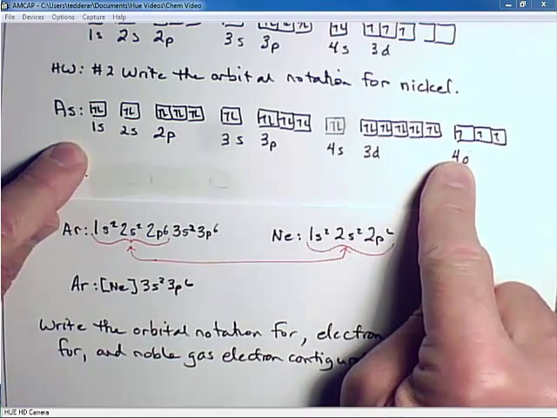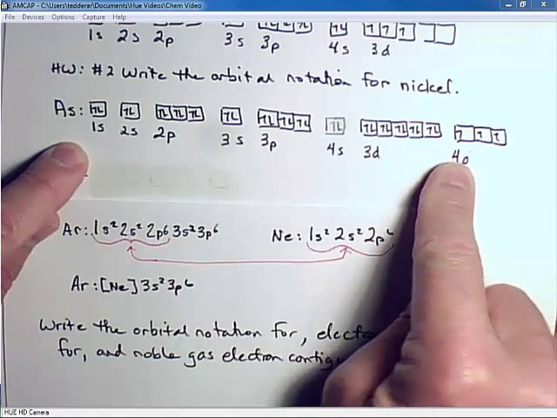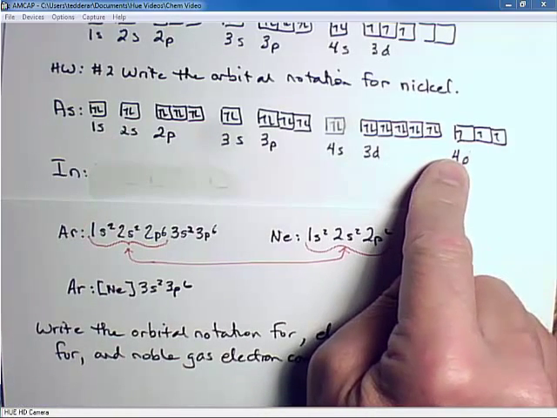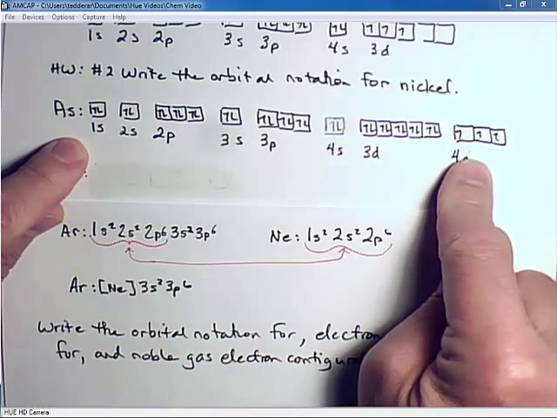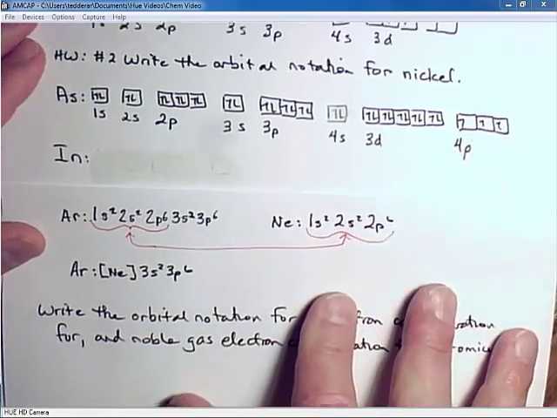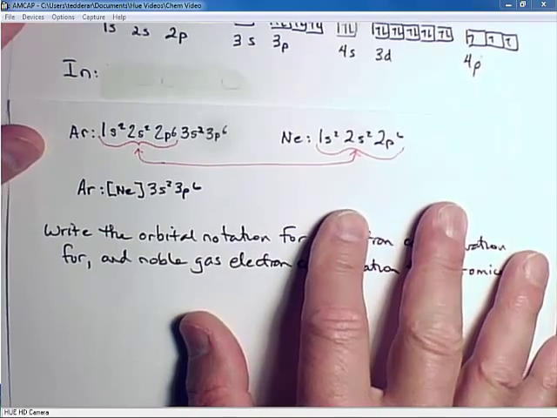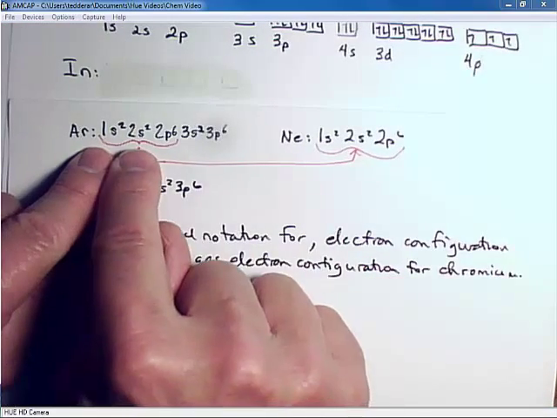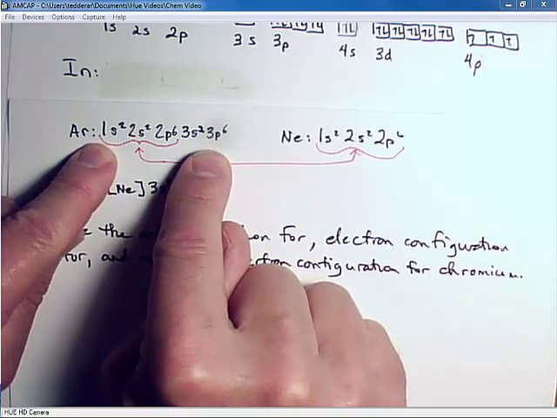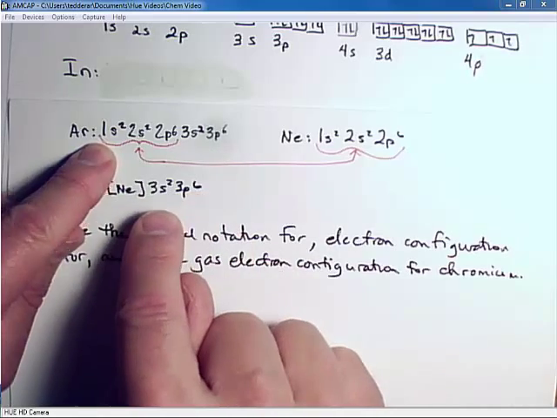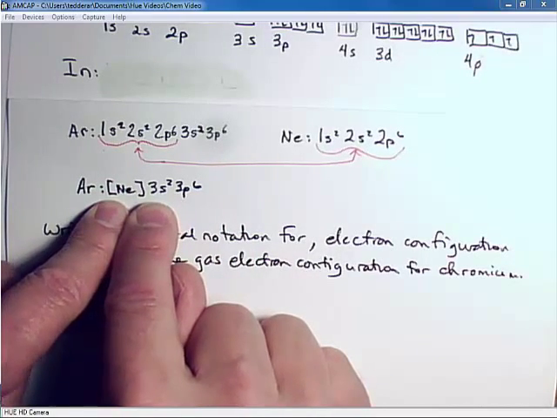Yesterday we did what's called orbital notation. Orbital notation looks like this. You need to know that's what the name is. If I ask you to do the orbital notation, you need to know that's what we're talking about. If I ask you to do the complete electron configuration, this is what I'm talking about. If I ask you to do the noble gas or shorthand electron configuration, this is what I'm talking about.